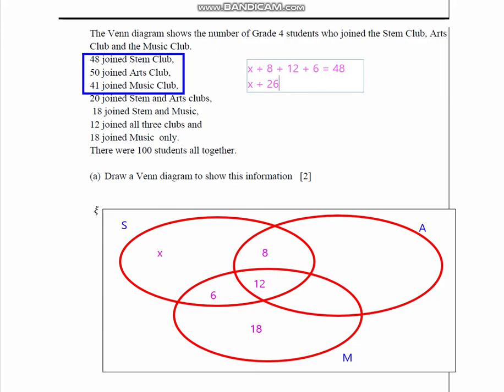So x plus 26 is equal to 48, which means if we subtract 26 from both sides, x is equal to 48 minus 26. That will give you 22. Now let's replace x with 22.